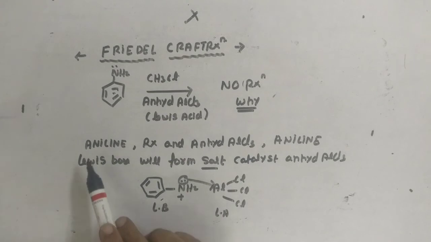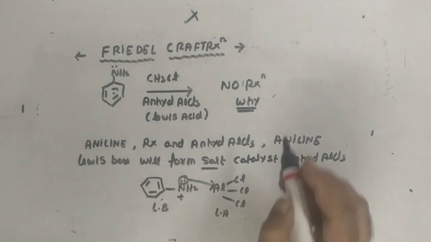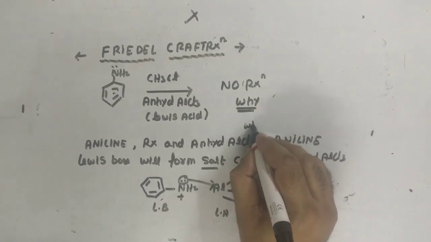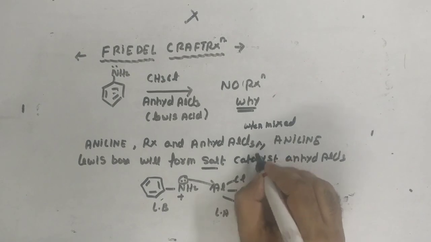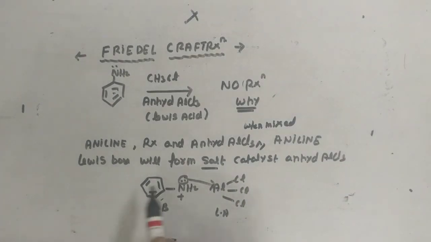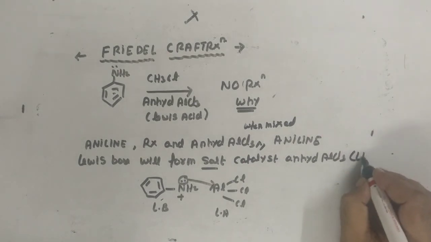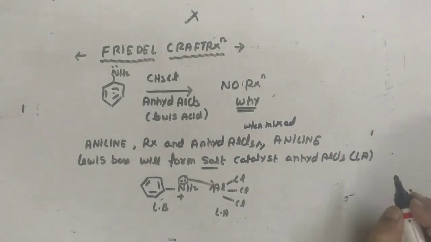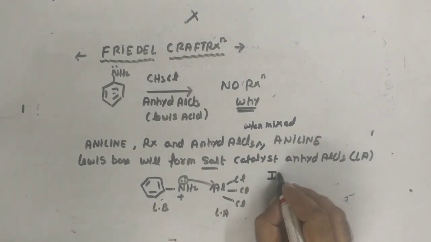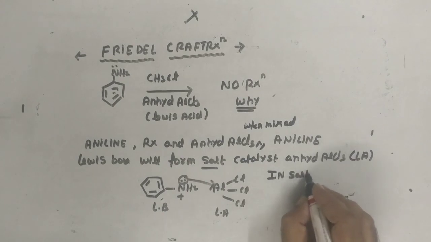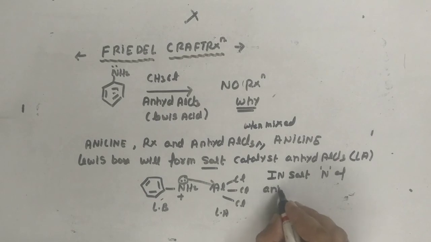So what happens? I have written aniline, RX, that is alkyl halide, and anhydrous AlCl3. When mixed, aniline, the Lewis base, will form a salt with the catalyst anhydrous AlCl3, which is a Lewis acid, and in the salt the nitrogen of aniline has a positive charge.